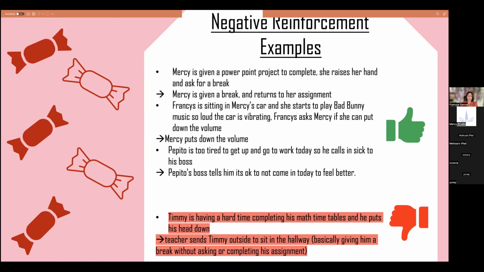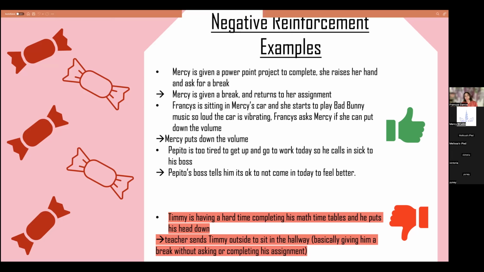So she's basically giving him a break without asking or completing his assignment. This is considered not the best way to respond, because he's putting his head down. And instead of her trying to redirect him to finish his task or to teach him how to say, hey, can I have a break? She just let him sit outside in the hallway, have a break for putting his head down.